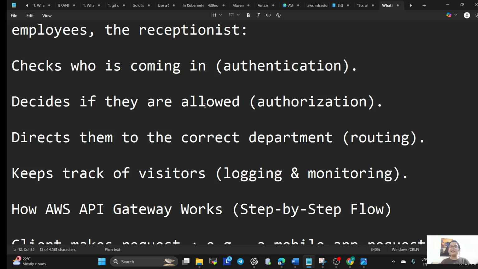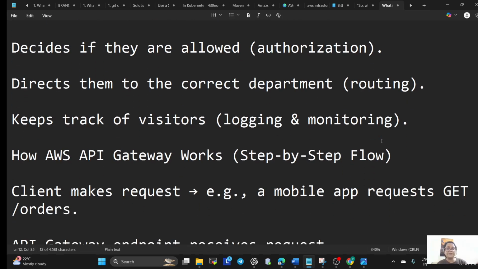For the manager, I tell him, yeah, come, please. So I allowed him. So he is coming. Now come to the next thing, directing them to the correct department, like routing. And it keeps track of visitors, with logging and monitoring, everything they will do.